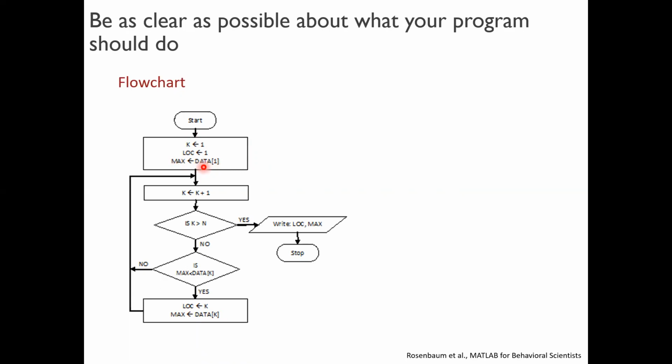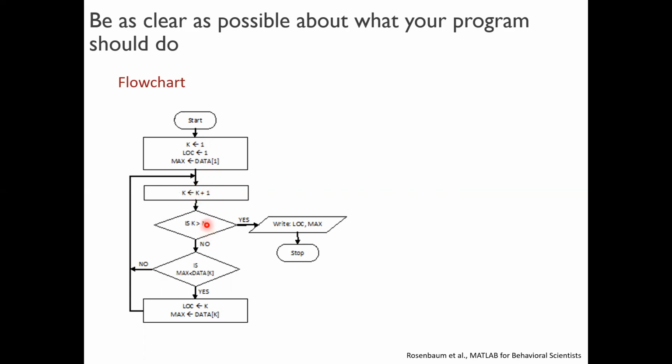A good place to start is to say, let's assume initially that the first value is the largest value. Then as we move through the algorithm, we're going to increment our counter. So we're going to make k equal to k plus 1. If we started with k equals 1, we add 1 to it, now k is equal to 2.